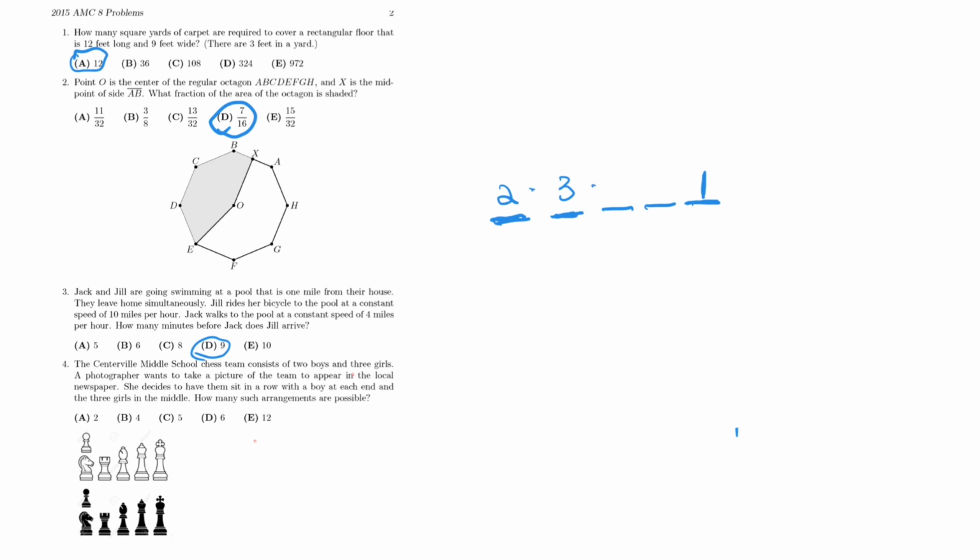And the third place has another two choices, only two girls left. So we can choose any girl to sit here, and there is only one space for the one girl. So the total is 2 times 3, 6, times 2, 12. So there are 12 possible arrangements. That's the answer E.